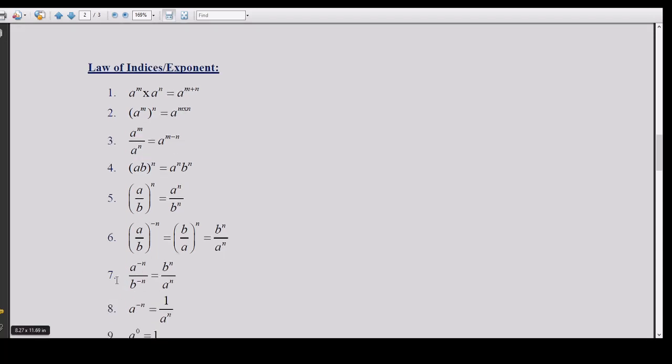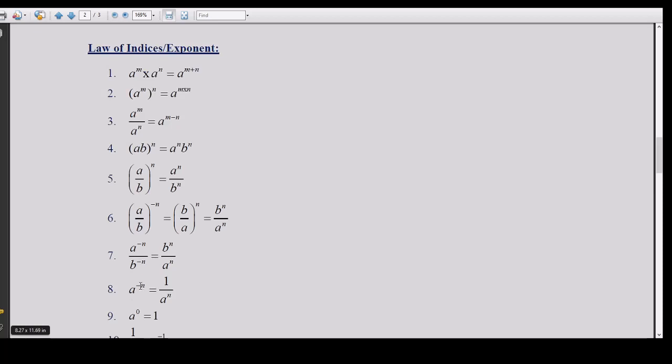Like here in number 7, a^(-n) by b^(-n), you can write as b^n by a^n. If you take this b which is in the denominator to the numerator, it has the opposite sign. If it's plus, it will be minus. If it's minus, it will be plus. Clear?